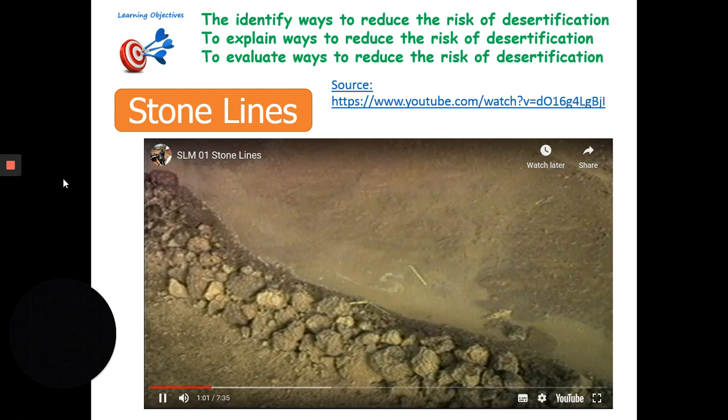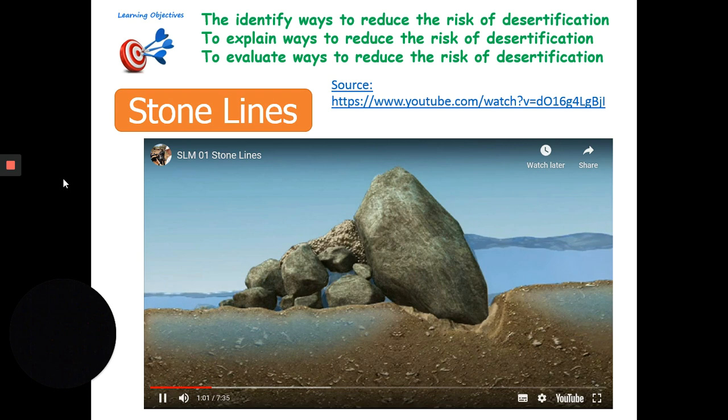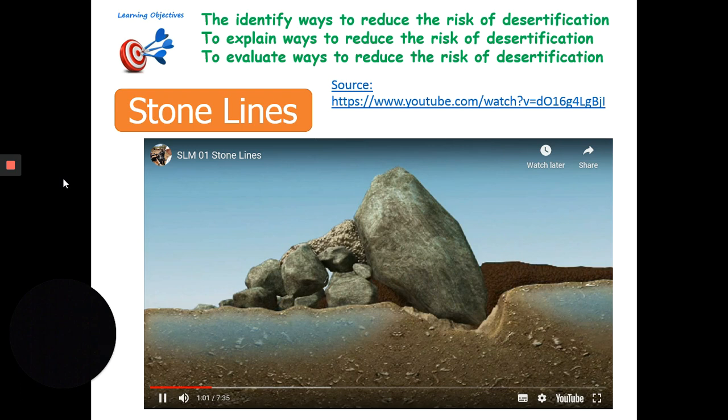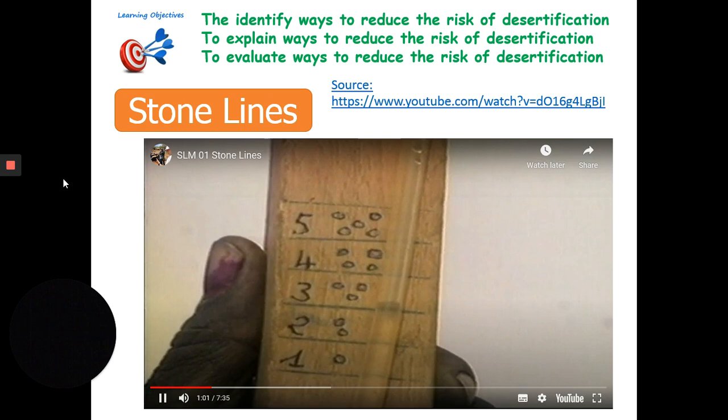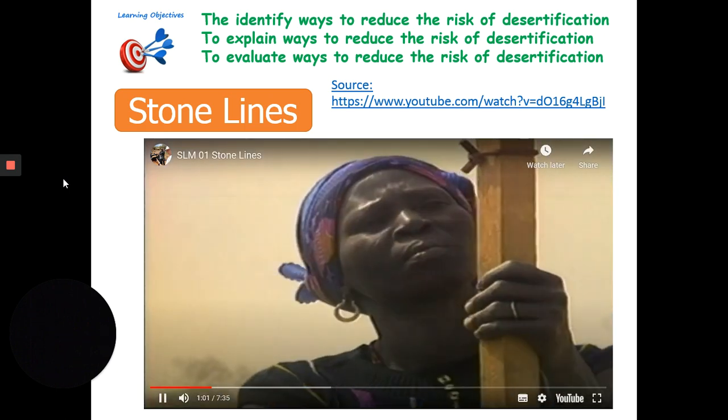A contour stone line, some 25 to 30 centimeters in height, acts as a semi-permeable structure, slowing down runoff water and allowing the deposition of rich sediment behind the barrier, so less erosion but more water for the crops. This makes it a very effective adaptation technology. Farmers were trained in laying out contours using a simple water tube level.